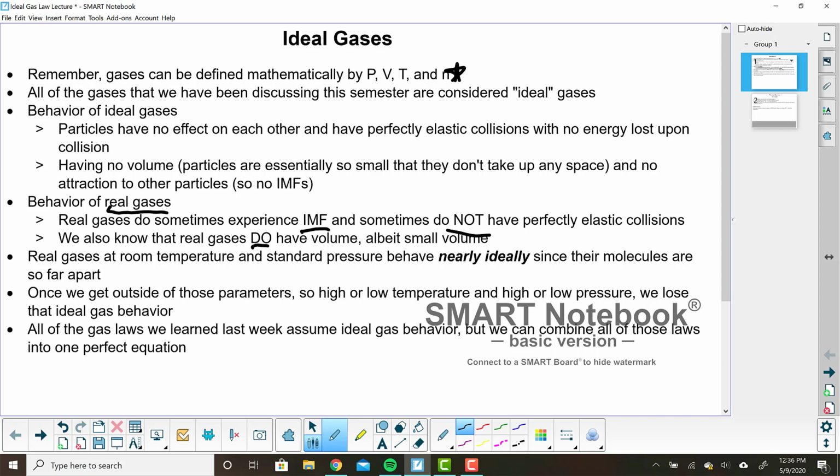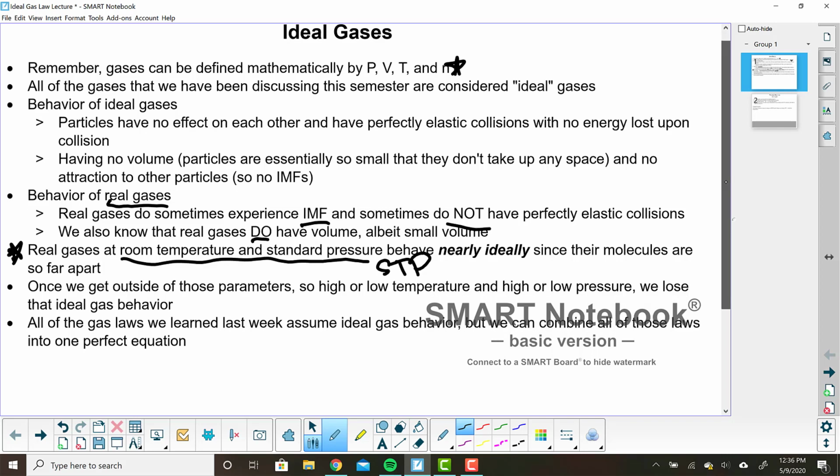The thing is, for the most part, real gases behave nearly ideally at room temperature and standard pressure. That's why we're always talking about STP, standard temperature and pressure. We're always concerned about that ideal behavior of gases.